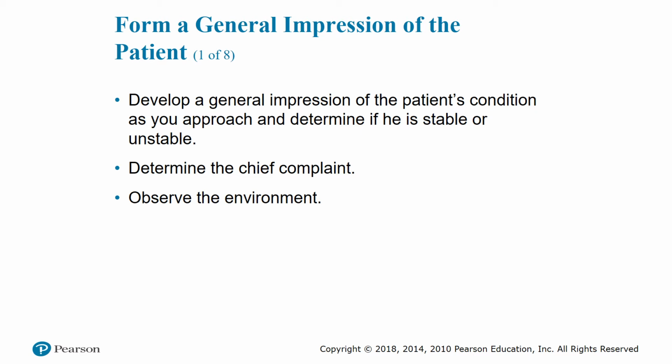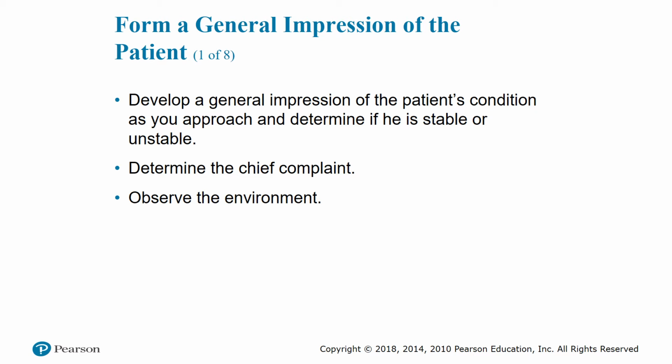Forming a general impression of the patient. This is a skill, and it comes with experience, because there's a lot of nonverbal communication and a lot of not really obvious clues to the untrained eye that can give you an idea of how bad off your patient might be.